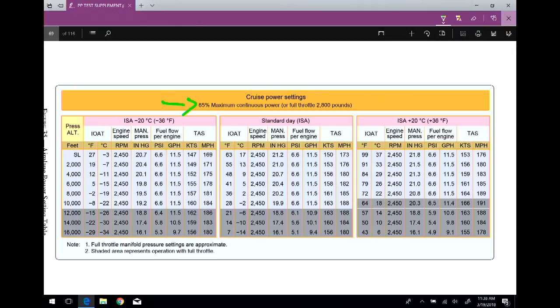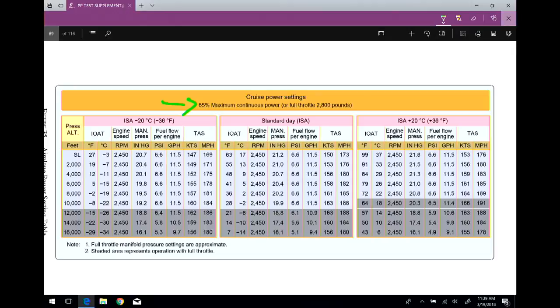So if we look up here, we can also see another thing. This one is 65% max continuous power. Why don't we want max power? Because it's hard on our engine. Thank you very much. Very hard on that engine. And in most cases, they only want you at max power for maybe 2 minutes, and the only time is going to be on takeoff, unless you have an expedited climb that ATC gives you, or you're trying to get away from a squadron of F-22s.